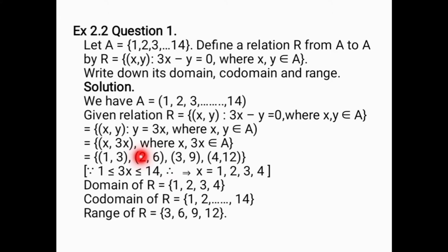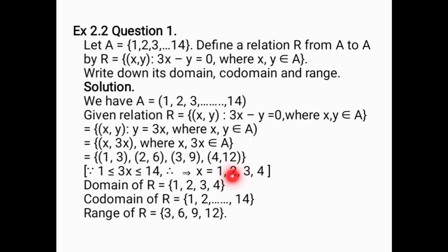When x equal to 2, 3 twos are 6. When x equal to 3, 3 threes are 9. When x equal to 4, 3 fours are 12. So this is the last number according to our condition, because the value 3x lies between 1 and 14. After 12 we will get 15, so we stopped here at 12.